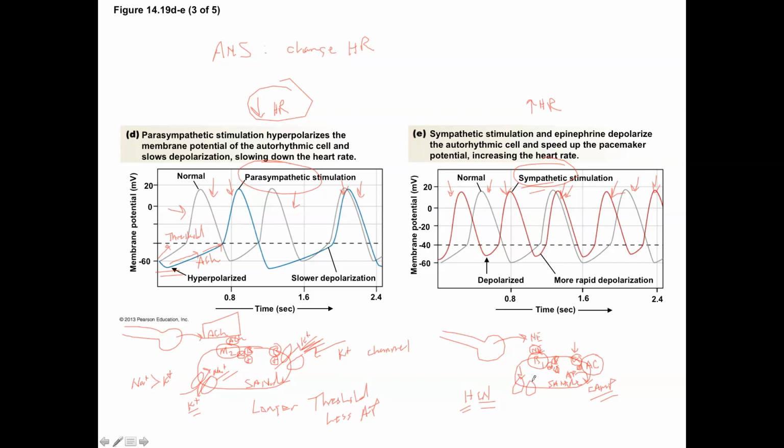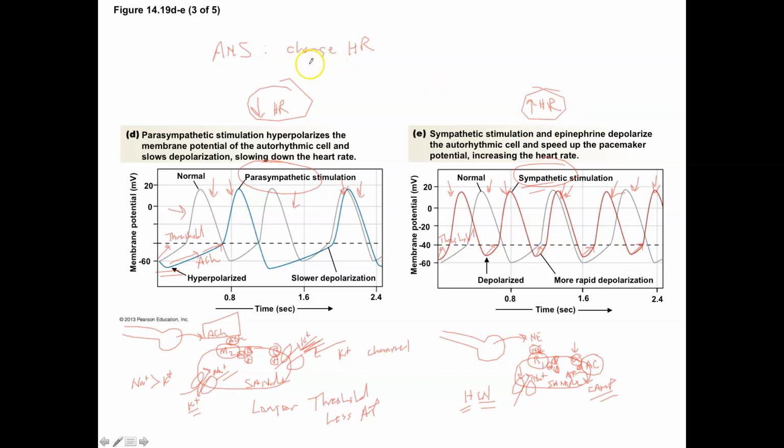It's going to open more HCN channels, so you're going to have a greater influx of sodium through these HCN channels. More sodium coming into the SA node cell is going to make the pacemaker potential depolarize faster, so you're able to get to threshold faster. And if you can get to threshold faster, then you can have more action potential signals, and therefore a faster heart rate.